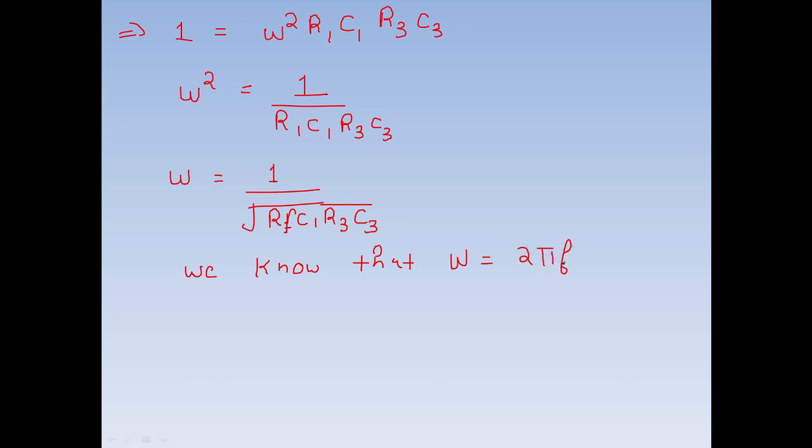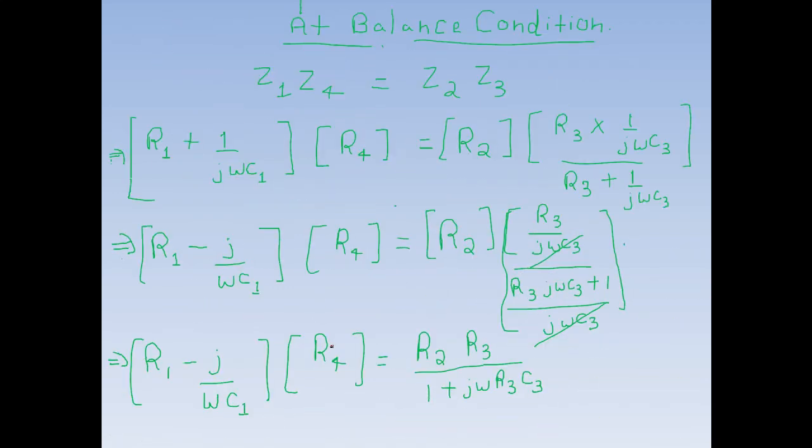So on putting the value over here, 2 pi f is equal to one upon under root R1 C1 R3 C3.